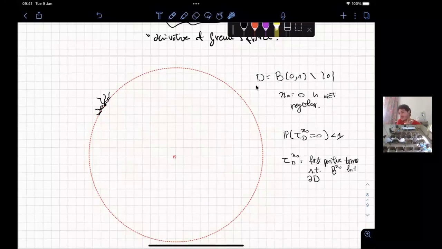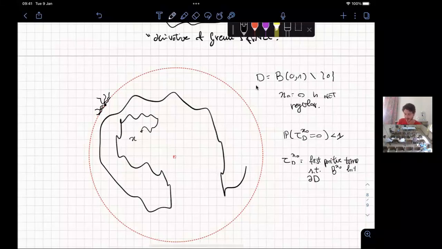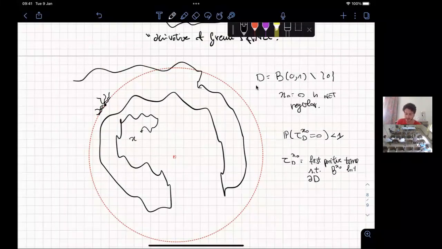What does it mean that it goes outside D? The initial point is in D, so you start from here. But B is defined on the whole R. Exactly, then B just spreads. You can start inside the domain, but then you can move anywhere. You can go outside, and then you just check when you hit this kind of point, or if you pass through here. Okay.